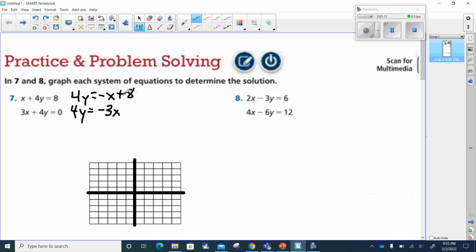When I divide this top one by 4, 4y divided by 4 is y. Negative x divided by 4 will be negative 1 over 4x.